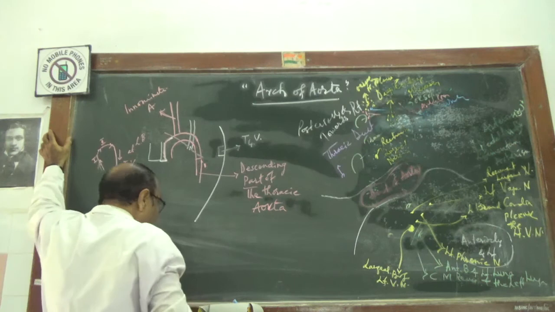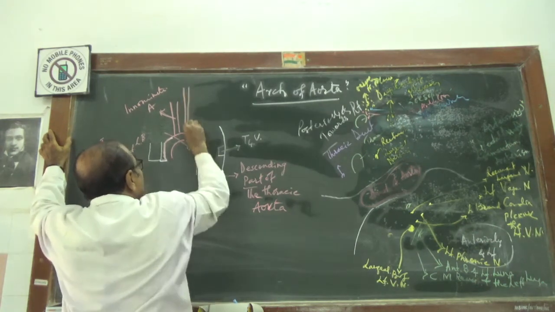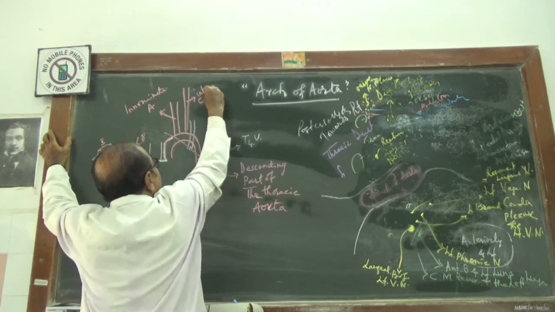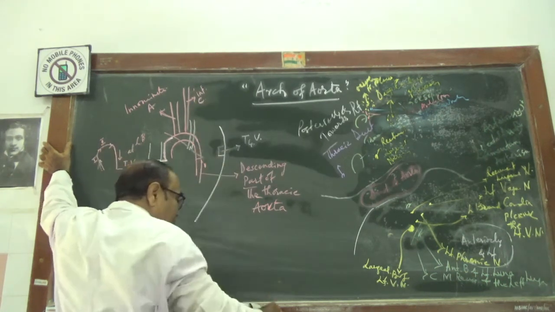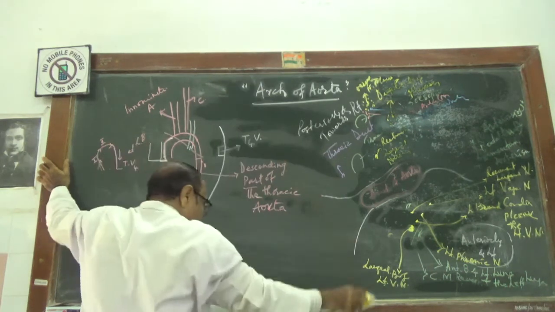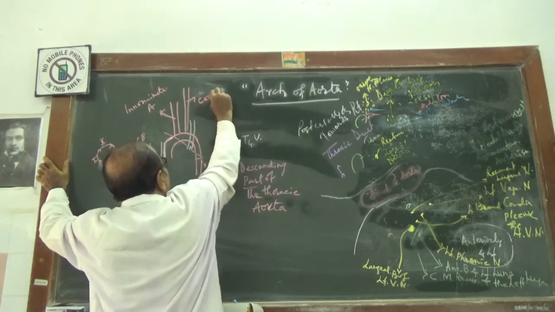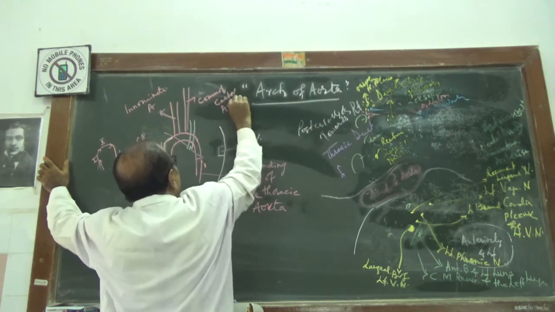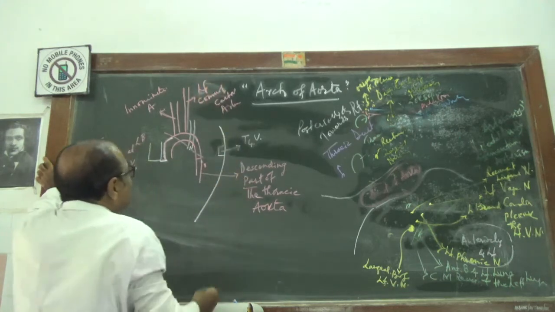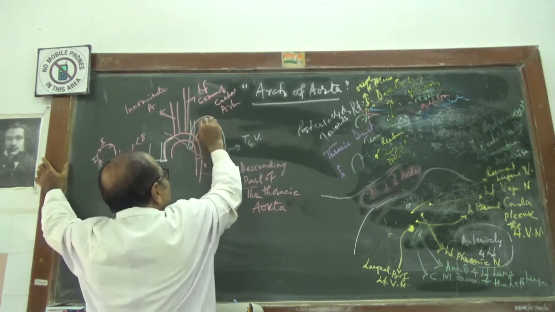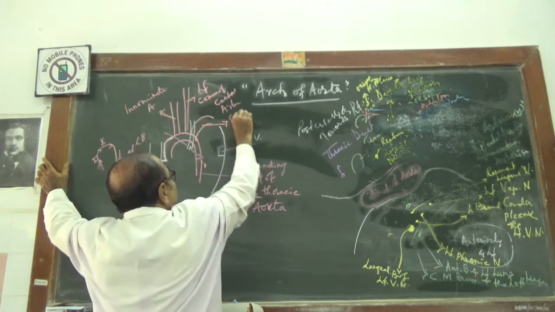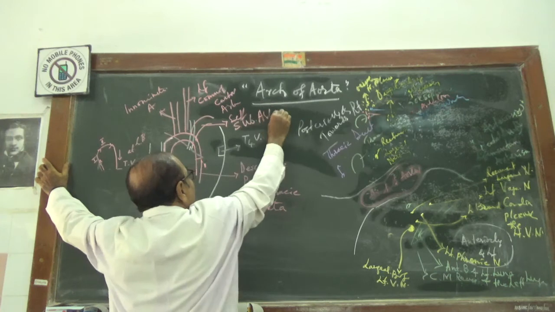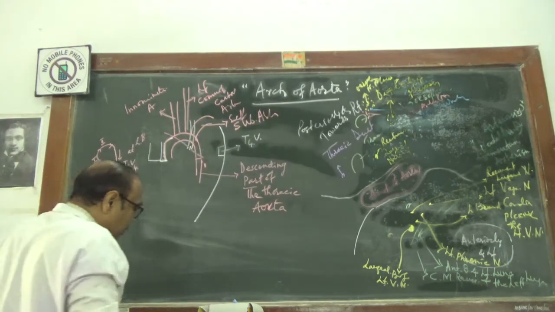Then you will have one more artery, the left common carotid artery, and then you will have the left subclavian artery. So this will be there in that part.